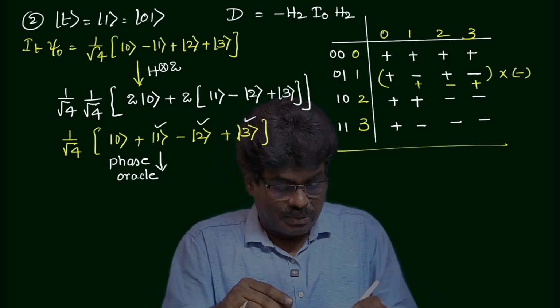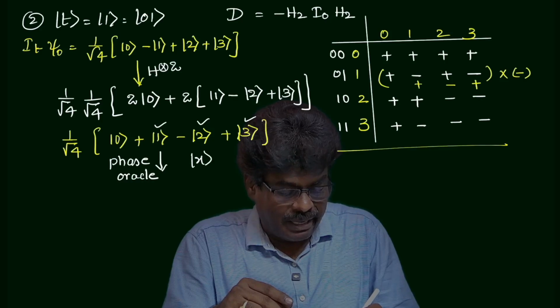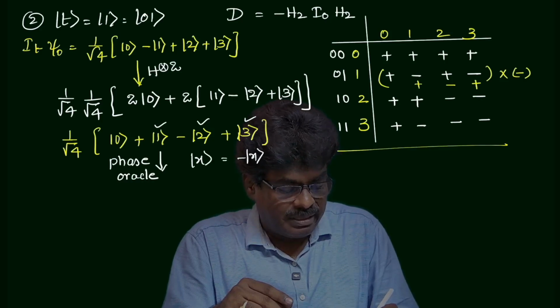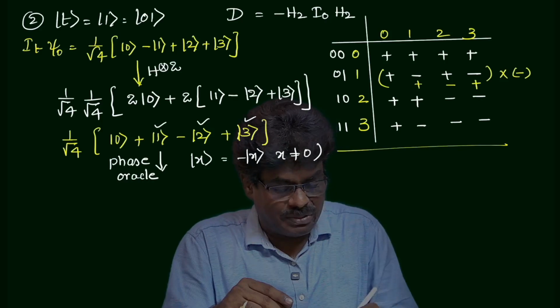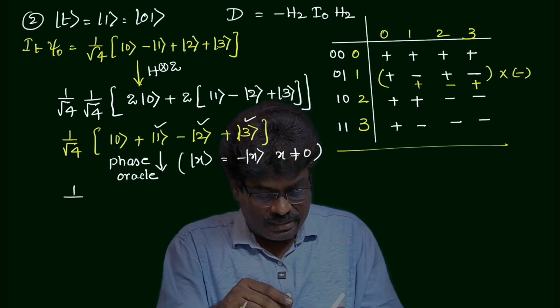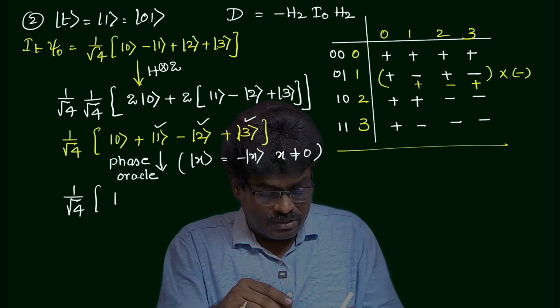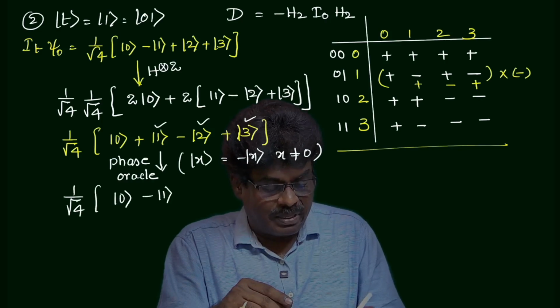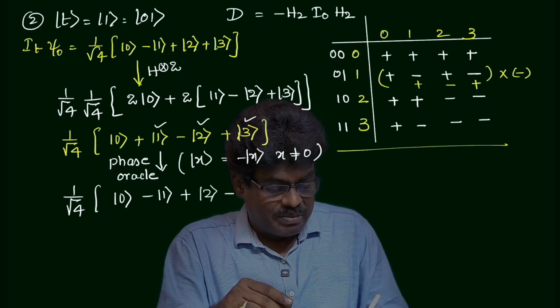So that means we can say like this, x becomes minus x if x is not equal to 0, then it is 1 over root 4, 0 as it is, minus 1 plus 2 minus 3.